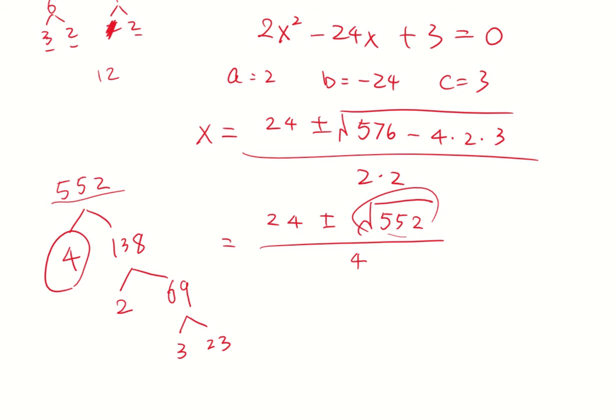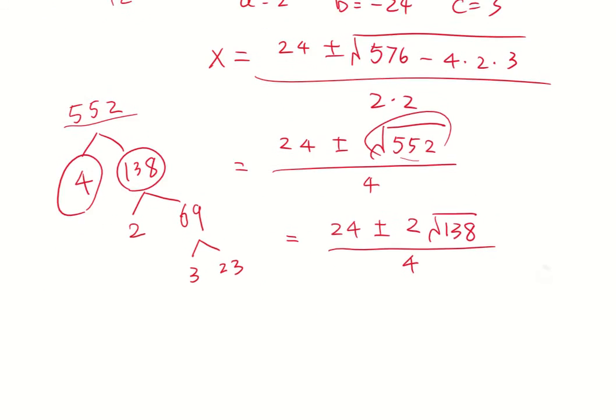That's this 4. So I'm going to factor out the 4. So the 4 will become a 2 on the outside, plus or minus 2, and inside will be this 138, over 4.